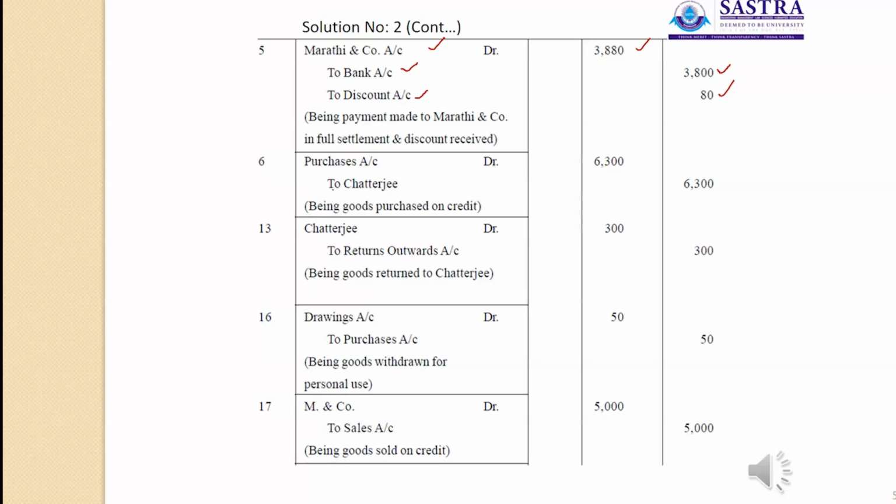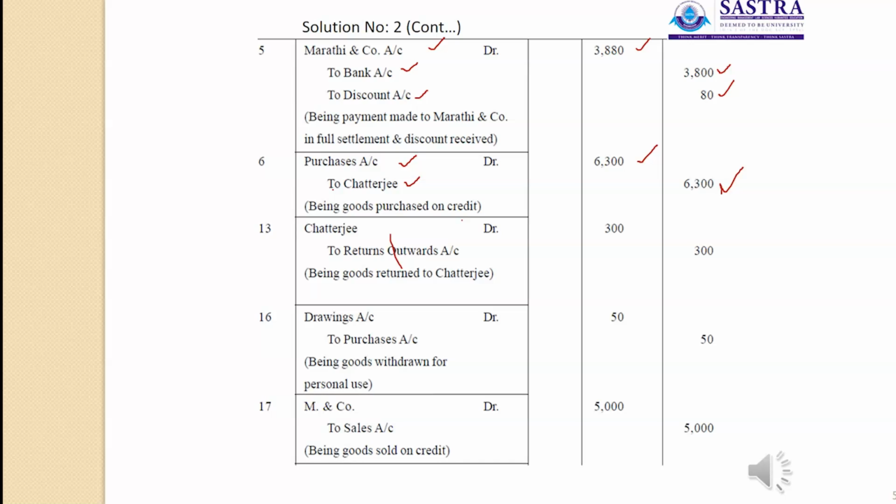Then next one is goods purchased on credit. Here journal entry first, purchase account debit 6,300 to Chatterjee account 6,300. The narration for this transaction is being goods purchased on credit. Okay. Then next one is goods returned to Chatterjee.